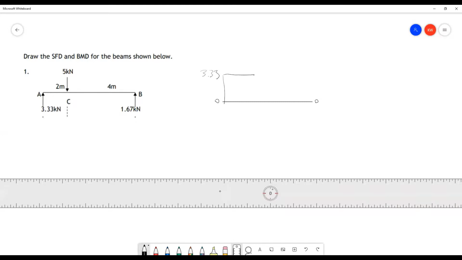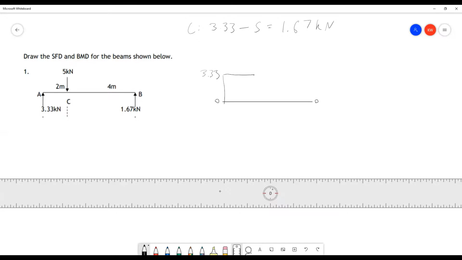So we're at 3.33 and we've got to go down 5. The shear force at C is going to be 3.33, where we started from, minus 5, and that's equal to minus 1.67 kilonewtons.